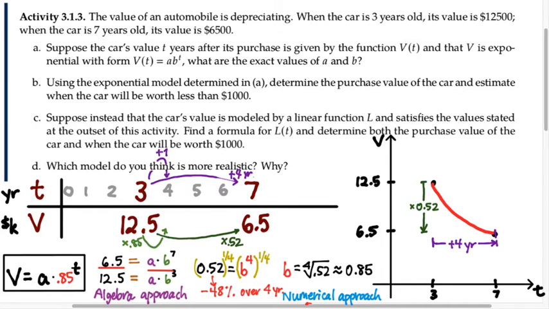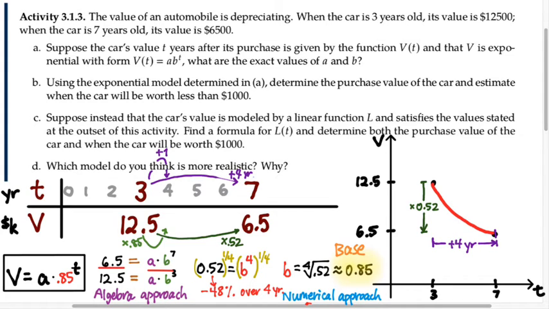And that number, 0.85, that's what we call the base of this exponential function. Right? The base of an exponential function is an answer to the question, every time my independent variable increases by 1, by what number is my output variable being multiplied? Every time I add 1 to my input, I multiply my output by 0.85. And so that number tells me the base.